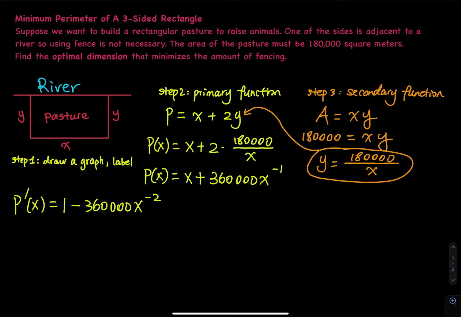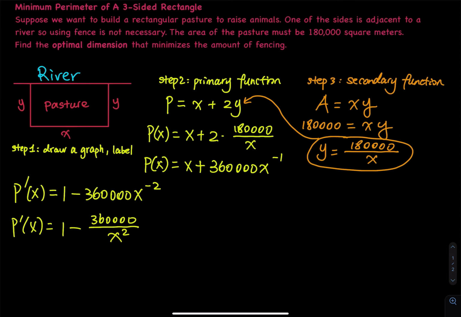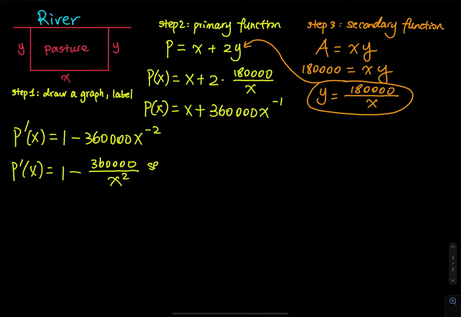So P prime of X equals 1 minus 360,000 divided by X squared. How do you find the minimum and maximum? You have to find the critical number. To find the critical number, you set that equal to 0 and then solve for X.